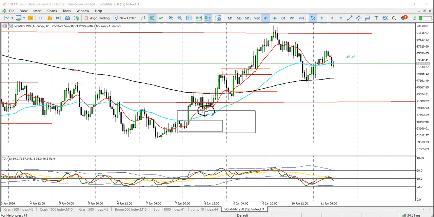V250, we had a setup here. I'm not sure if people caught buys, and we had a failed M. This is the setup we spoke about, and price actually started pushing up. So for now, I feel like they could be bearish intraday, that is. So I still want to see how they handle this area.